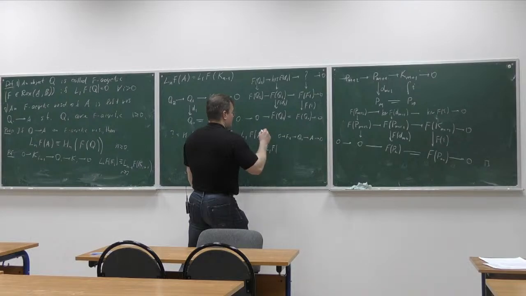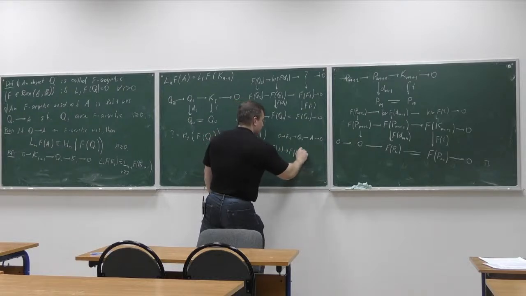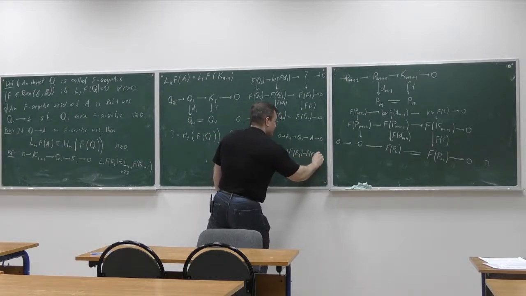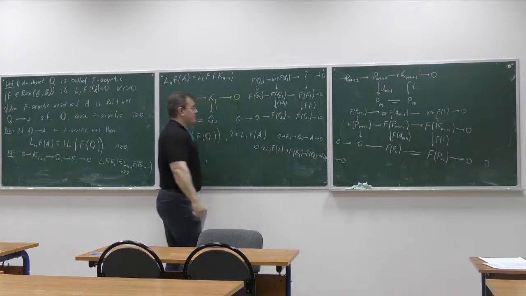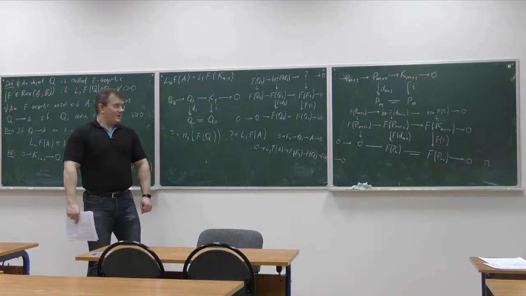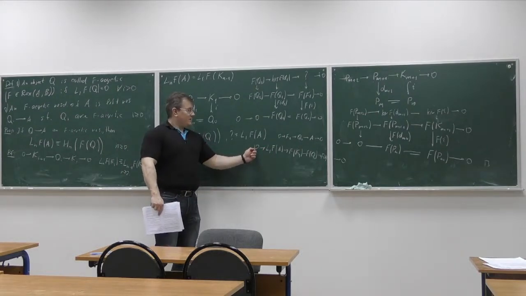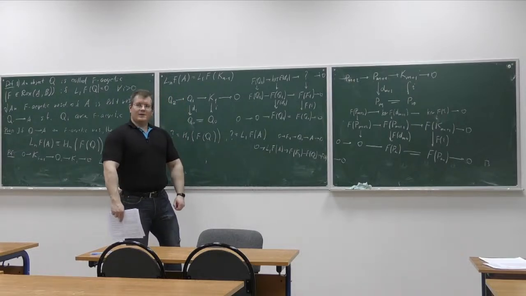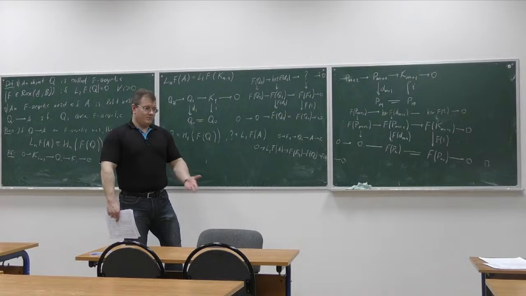Let me just draw an additional long exact sequence. So this will be L1F of A, mapping to F of K1, F of Q0, F of A, and then 0. I claim to have this four-term exact sequence, because I have this long exact sequence in general: the one we just proved at the beginning of today's lecture.